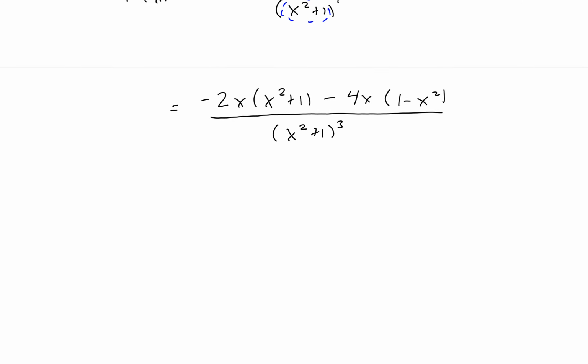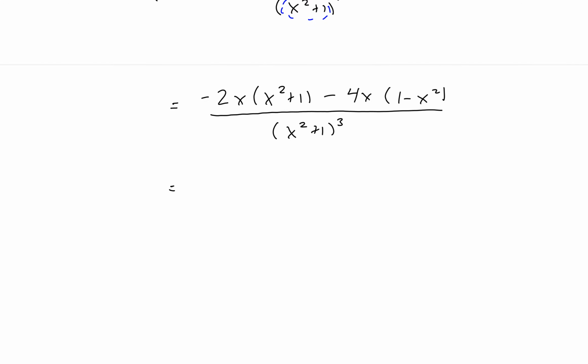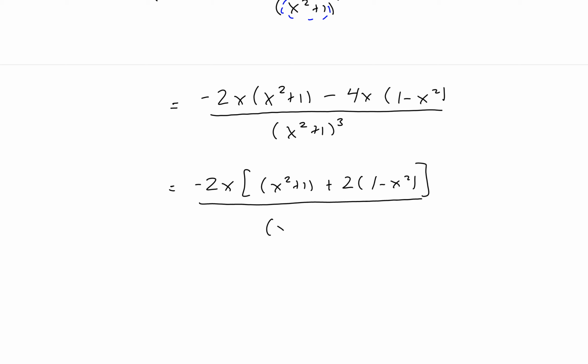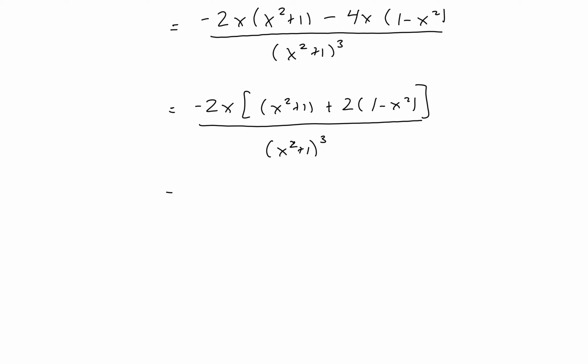Now let's simplify this, so I can factor out a negative 2x, and I will have left over x squared plus 1, and then minus 2 times 1 minus x squared. It will become plus because we factored out the negative, all over x squared plus 1 cubed. Now we want to do some further simplification.